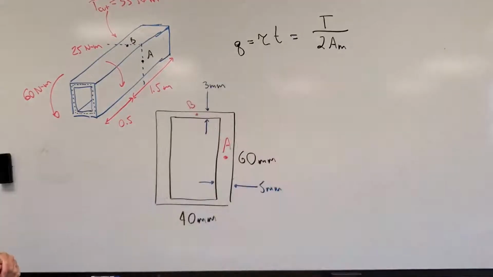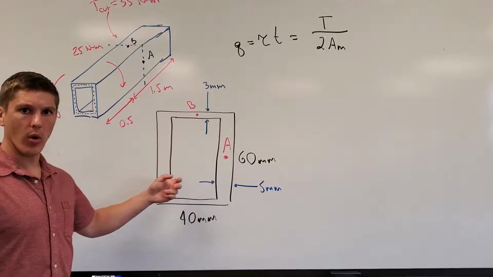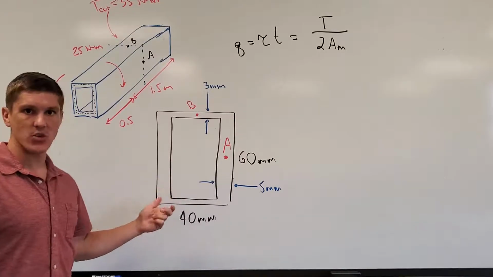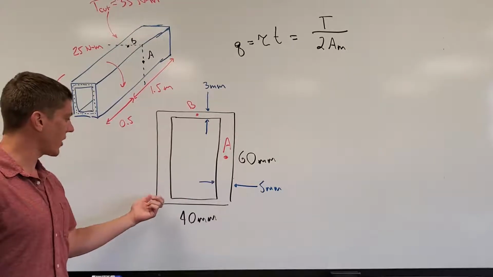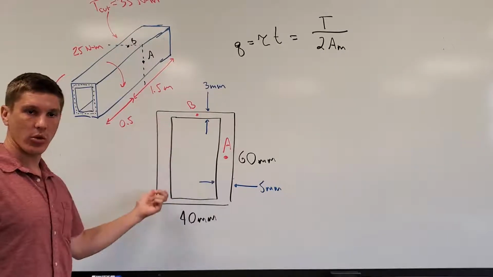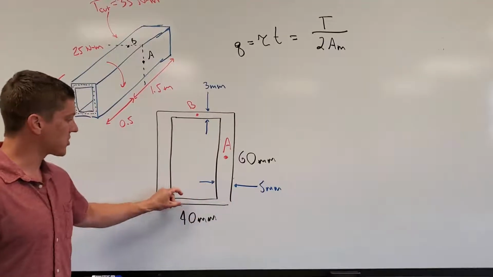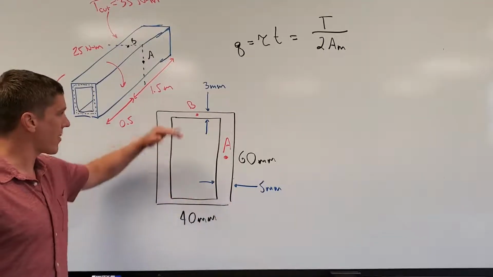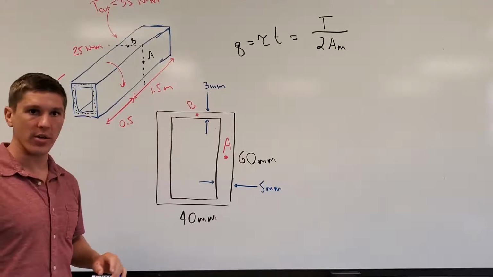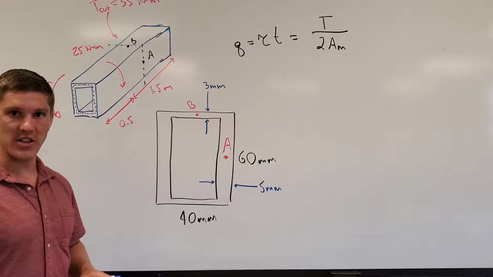Okay, so I tried to draw the cross-section as it was given to us in the problem, and I want you to notice that I drew it really exaggerated because I wanted to make sure it was very, very clear that the vertical sections of the rectangular tube are thicker. They're at 5 millimeters of thickness as opposed to the horizontal portion. So the top and the bottom are only 3 millimeters thick. So we do not have a constant thickness throughout this cross-section.